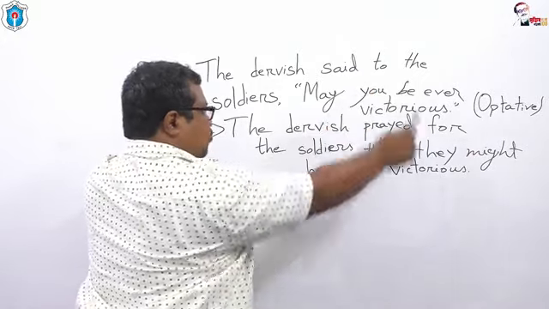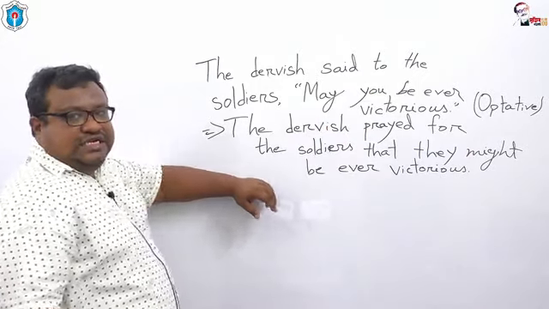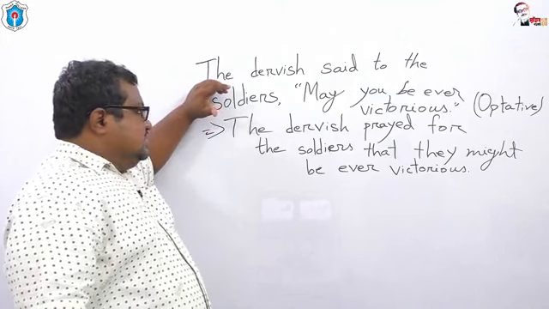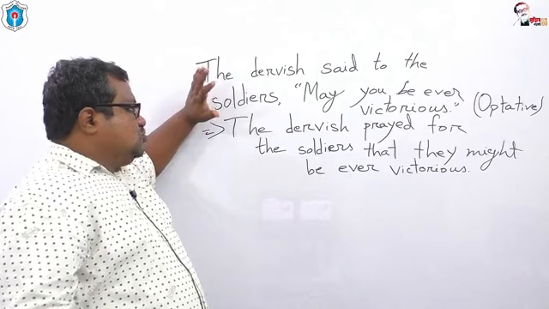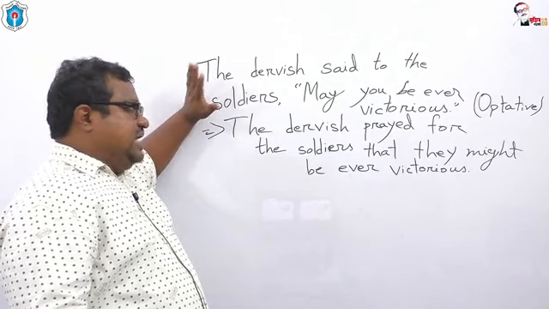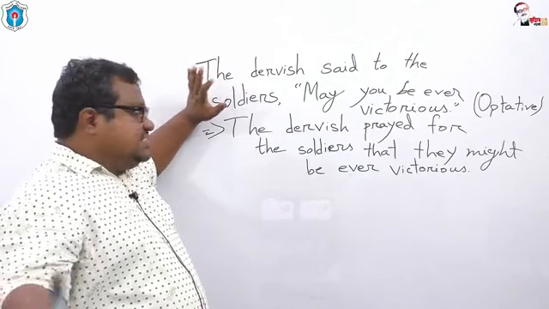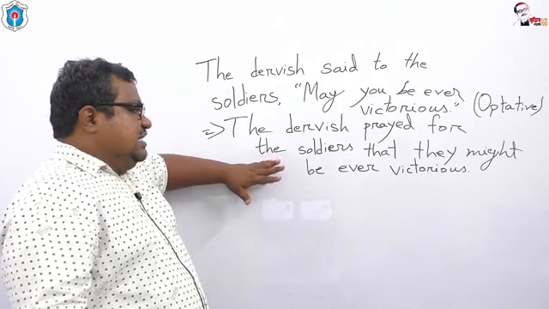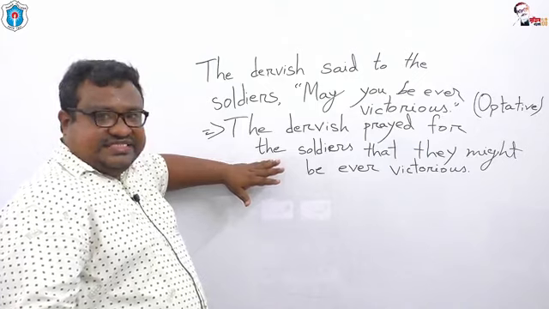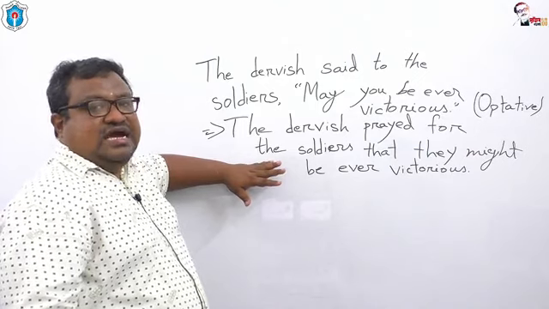Now, this you is referring to actually the soldiers. Dervish is actually praying for the soldiers. So we are converting this you into they. May will be changed into might. Be will be in its place. And the extension part will remain unchanged.